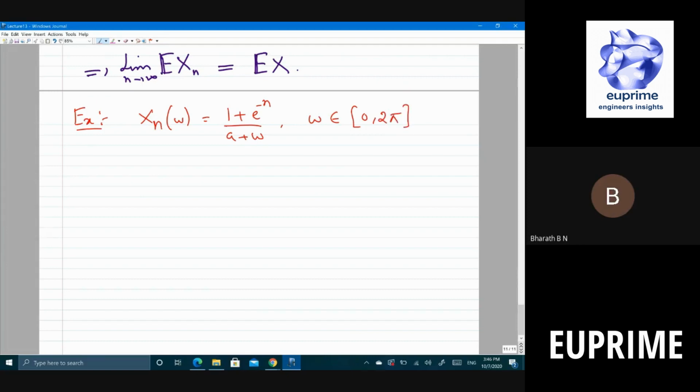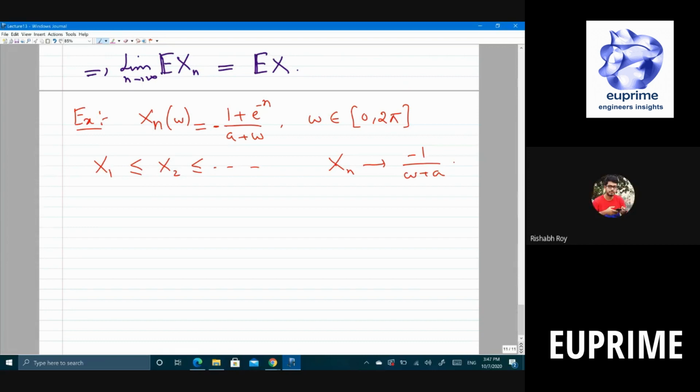As n goes to infinity, what is happening here? It's going down. Okay, fine. I'll take a negative sign here. So I can say that X1 is less than or equal to X2 is less than or equal to, and so on. And Xn converges to, as n goes to infinity, minus 1 by omega plus a. Is that fine?